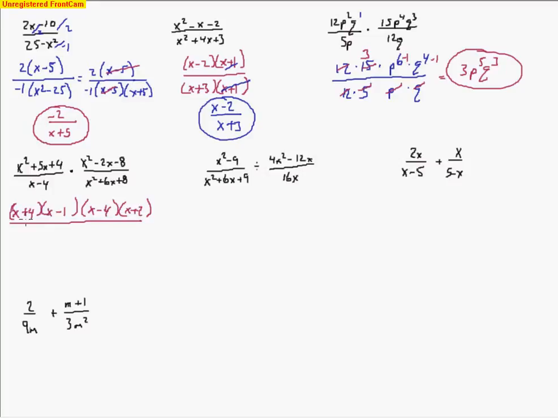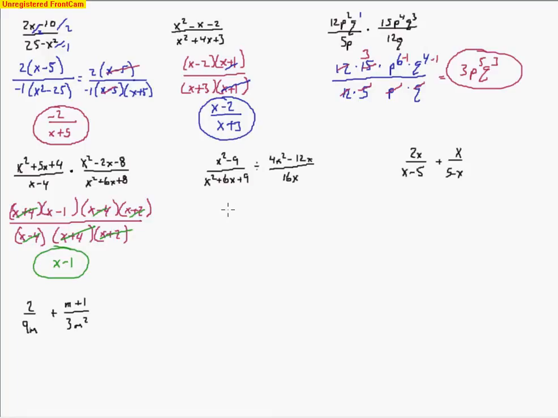Well, moving on to the bottom, we got an x minus 4. That's being multiplied by this trinomial, which will factor to an x plus 4 and an x plus 2. So now we're ready to go ahead and cancel. So we can cancel out these x plus 4s, cancel out this x plus 2, and this x minus 4. So most everything canceled except for that x minus 1 on top of the fraction.